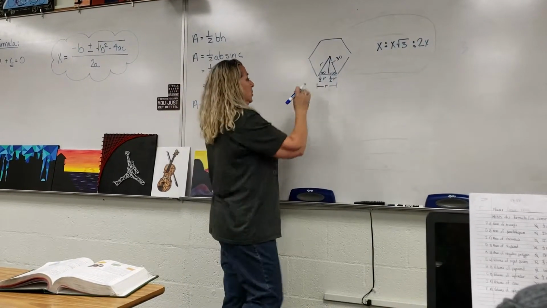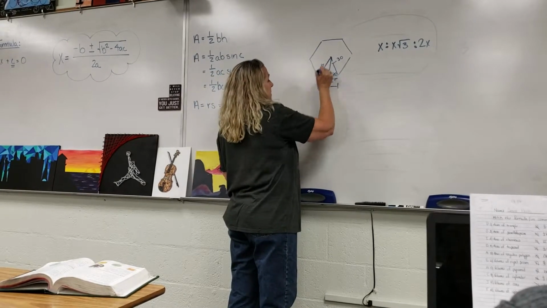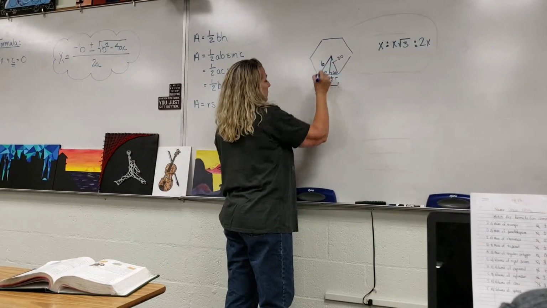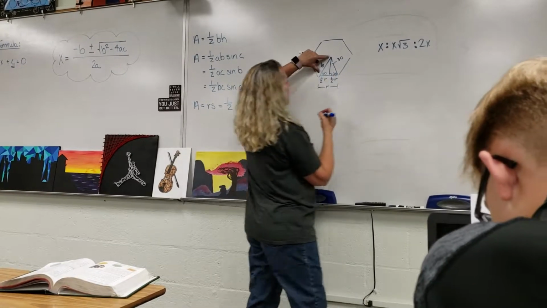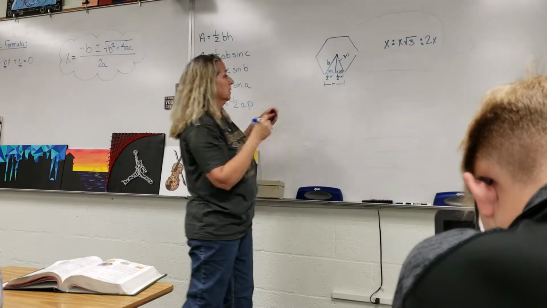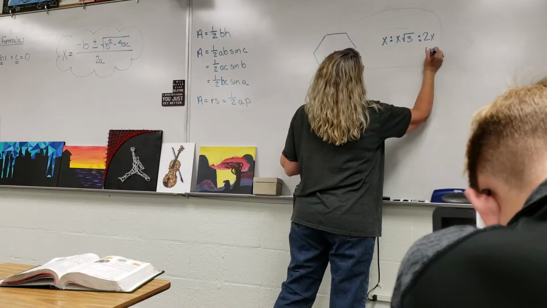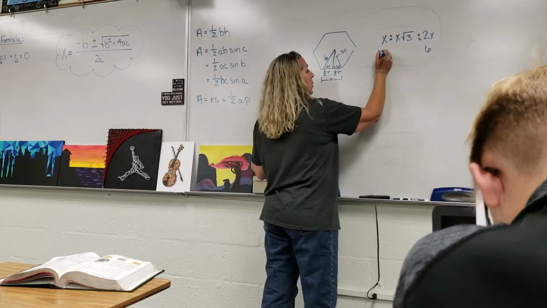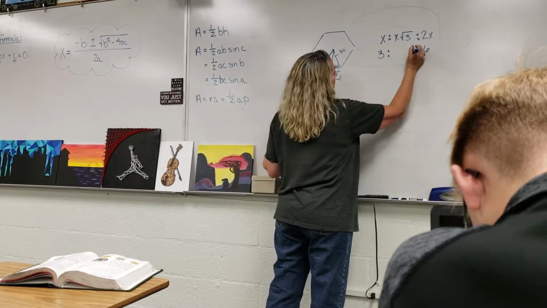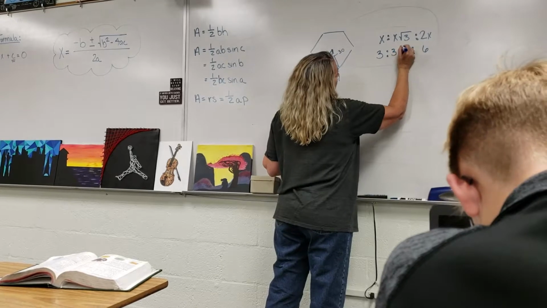So if we know, let's say r is 6, then 6 is what part? The 2x. Okay, so that's the 2x, so we put a 6 here. So what's x? 3. 3, and then what's the middle side going to be? 3 rad 3.